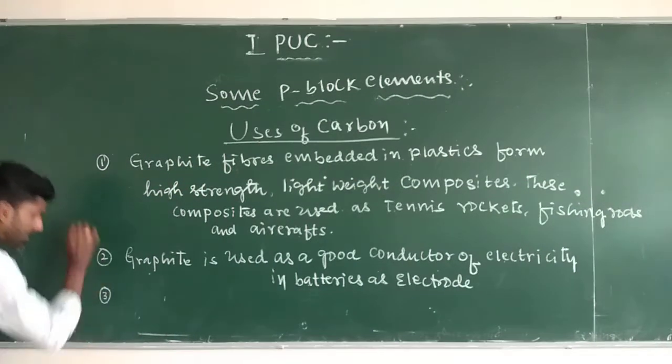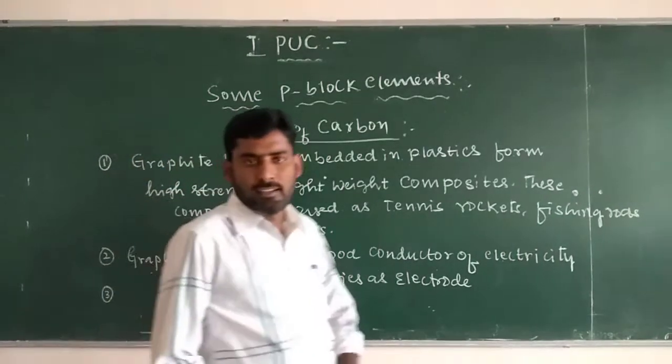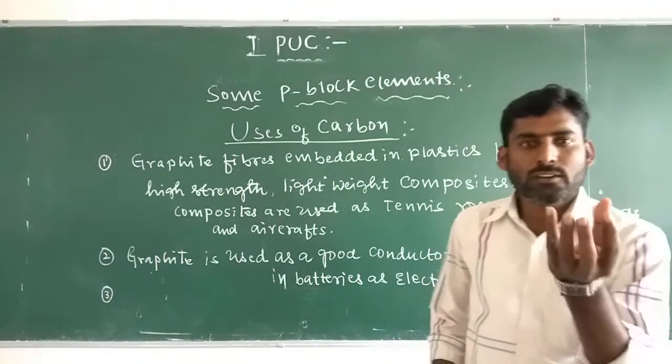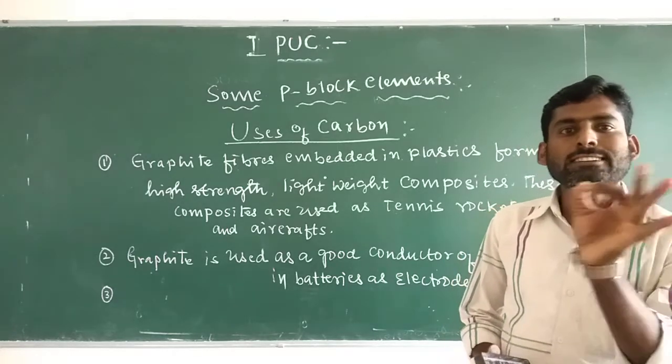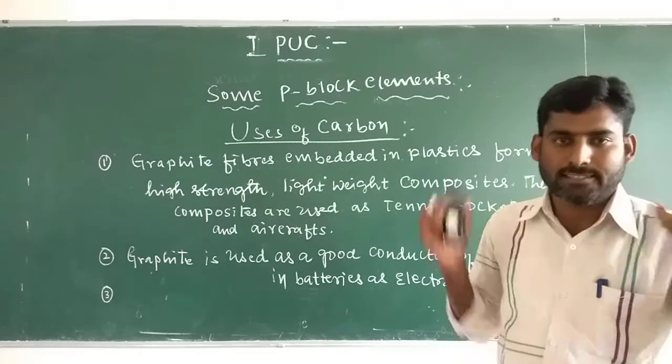And the third one is, once again, the crucibles made from graphite are inert to the acids and bases.